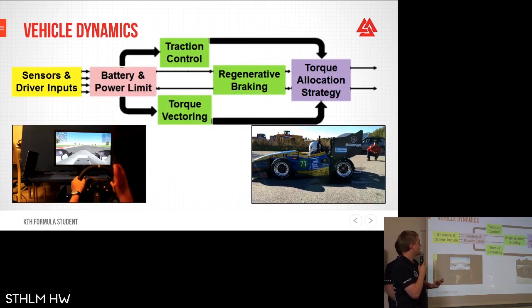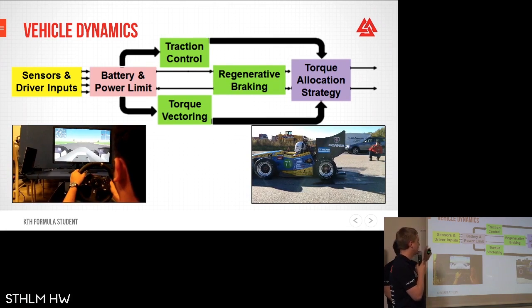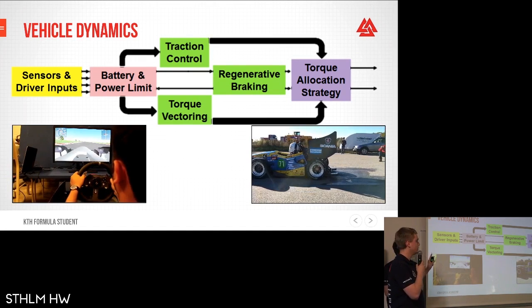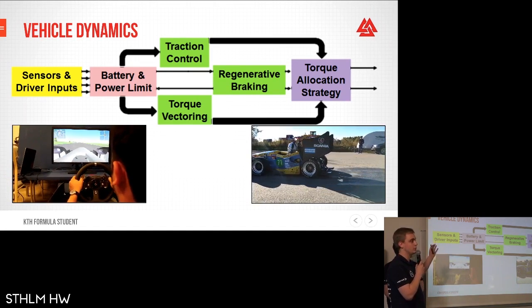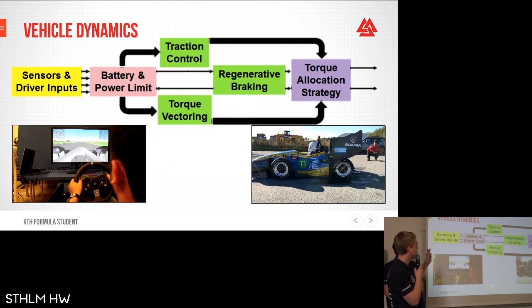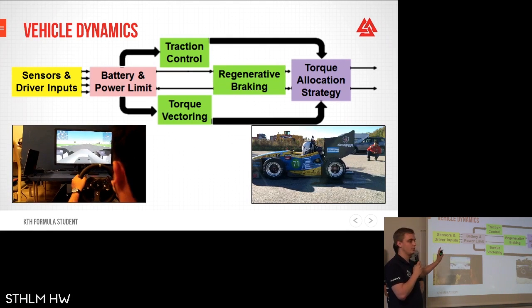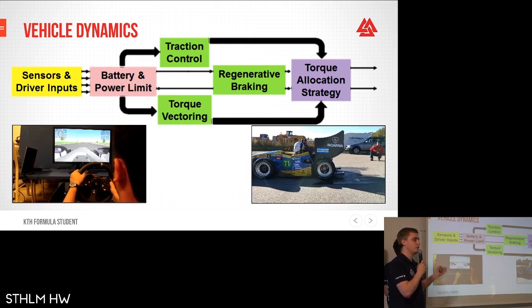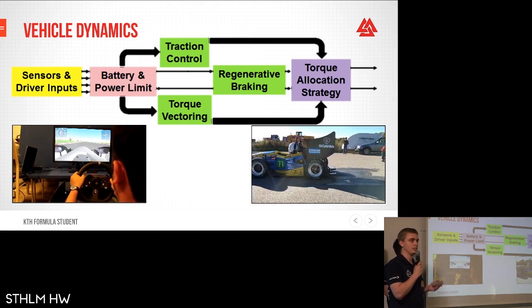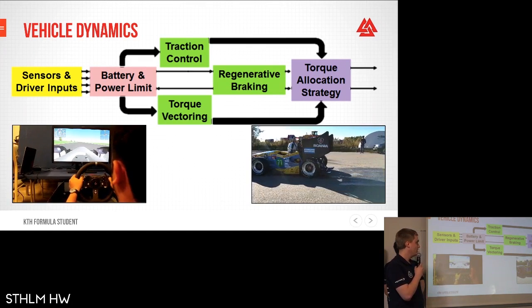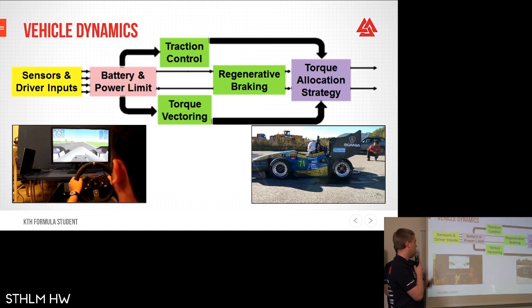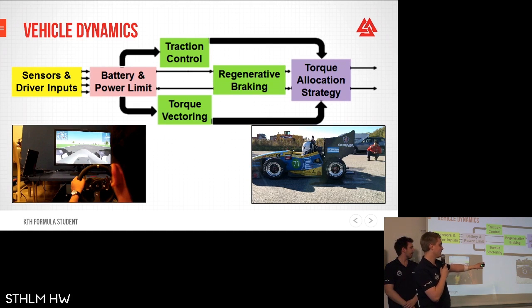And then what the vehicle dynamics group did was basically to develop this controller for the different functions we want. So from the sensors, we want to limit the power because of both the rules and also to keep the battery in a good condition. And then traction control is what you can see on that picture.